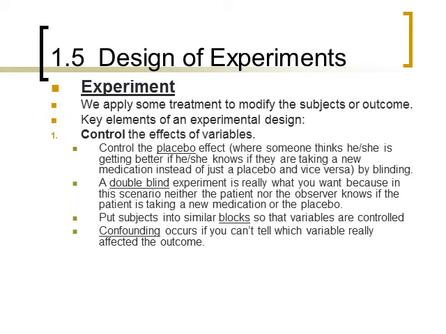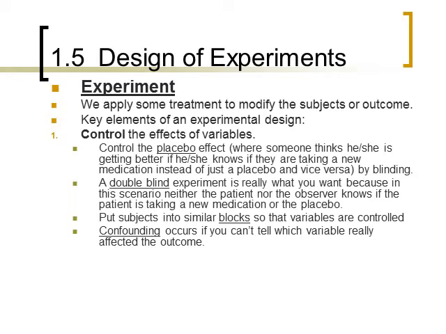And so they do that just by setting it up with maybe labeling the participants in certain ways and labeling the drugs in certain ways so that the researcher doesn't know at the time. We also want to control variables, control effects on the experiment by putting subjects into similar groups or blocks. And then another term that you might come upon is confounding.